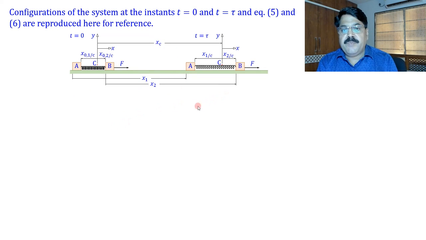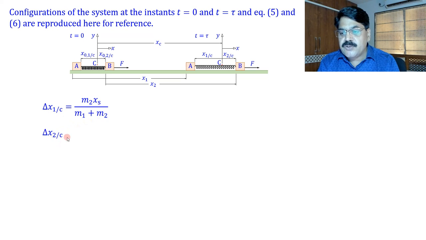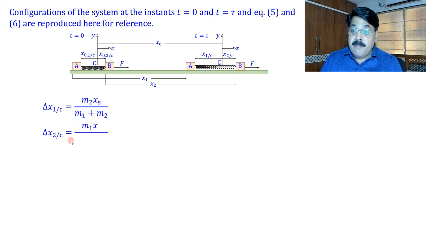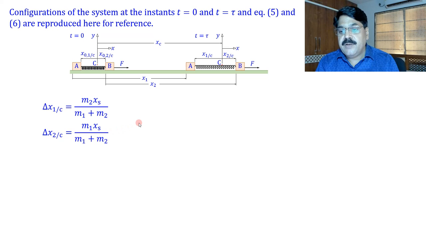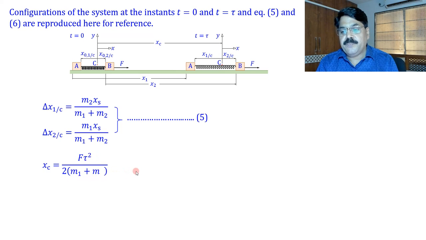You can visualize: delta x1 with respect to c is m2 xs upon m1 plus m2, and delta x2 with respect to c is m1 xs upon m1 plus m2. This combined result we called equation 5. And equation 6 is Xc equal to F tau square upon twice (m1 plus m2).